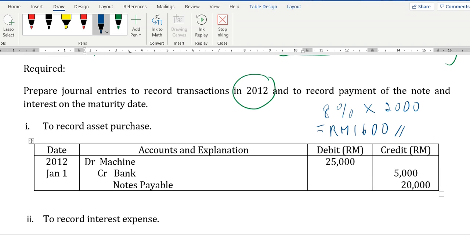But please bear in mind, because this is notes payable, that 1,600 will only be paid on the maturity date when you surrender your notes payable. So this amount won't be paid on the closing date of 2012, but will be accumulated in your interest payable. So how do I record the transaction?